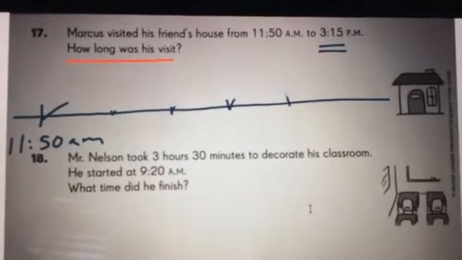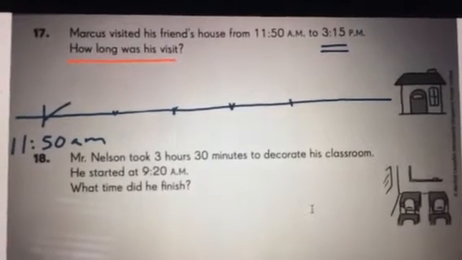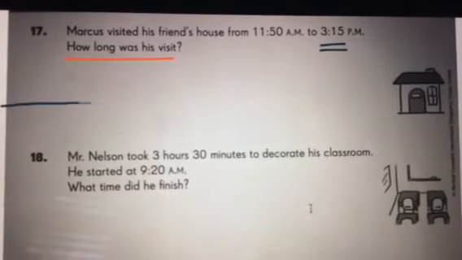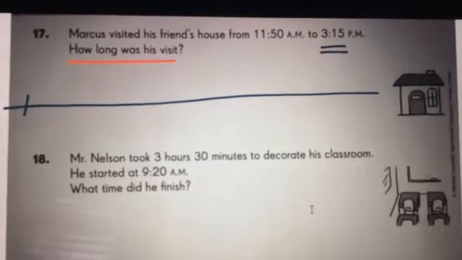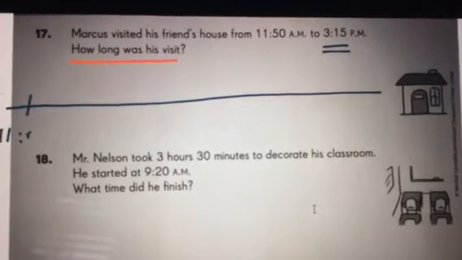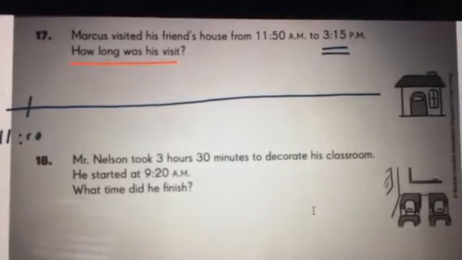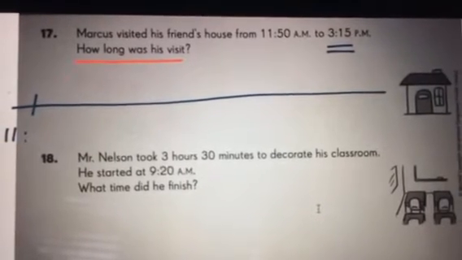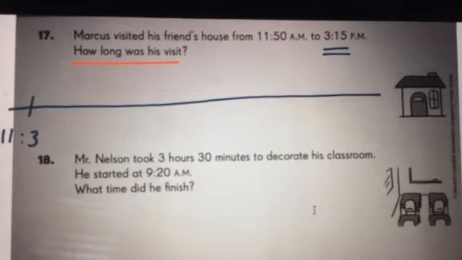You can do that. However, in class, we talked about a different way, and that is to go ahead and get rid of the, let me erase that. Sorry, it's not very neat. To get rid of the minutes first.